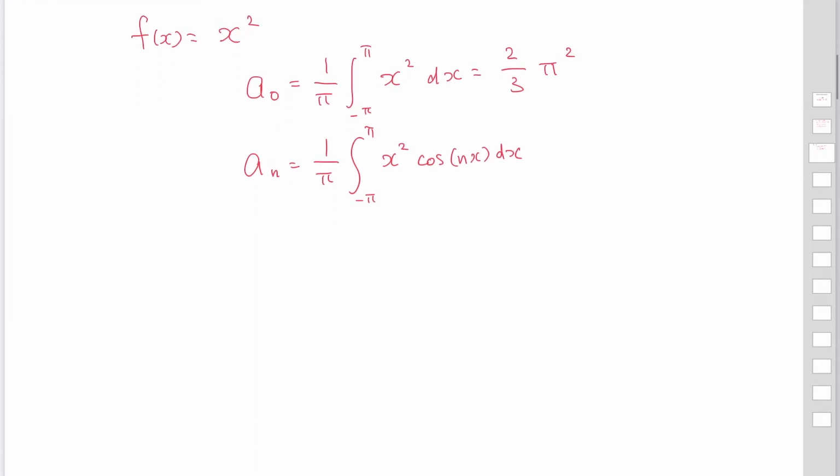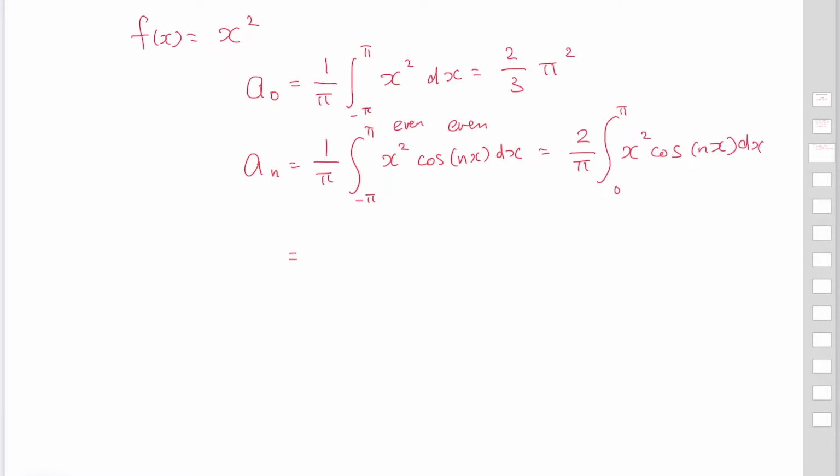Then you can perform the integral. This is an even function. Then it becomes 2 over pi, and the lower limit changes to 0 to pi, because for even functions you can multiply by two.